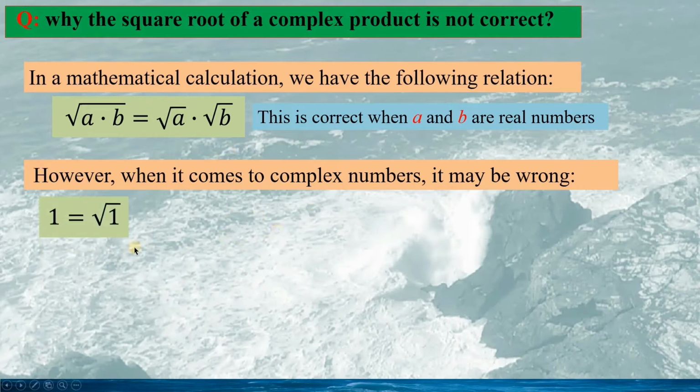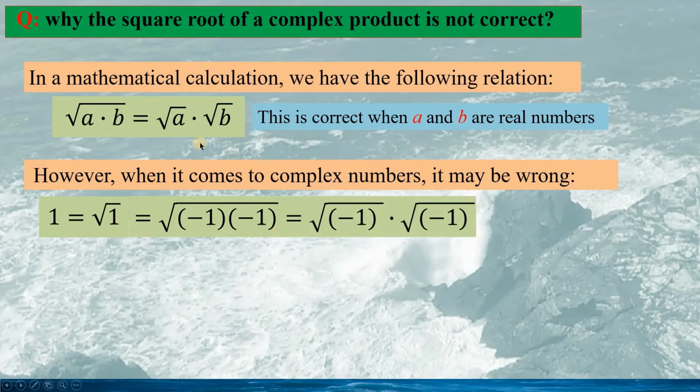For instance, if we have the expression as this, 1 equaling to square root of 1, and we can take the 1 in the square root as minus 1 times minus 1, and then according to the above expression, we can have the expression as this, and then we can have the result as i times i equaling minus 1.